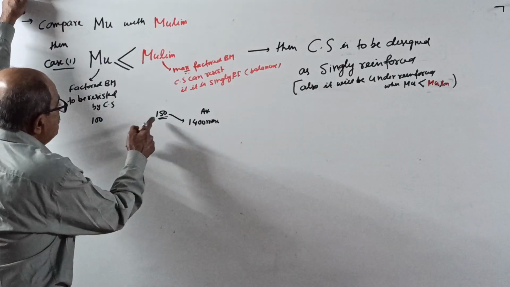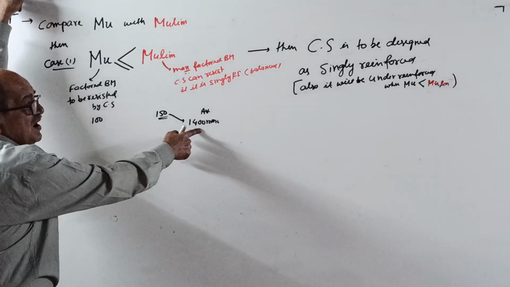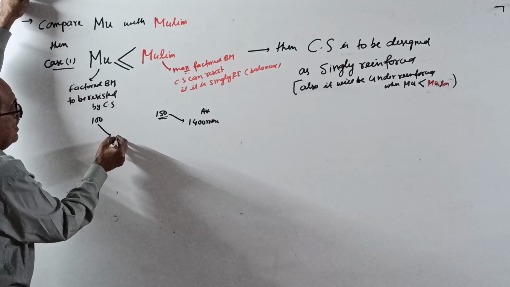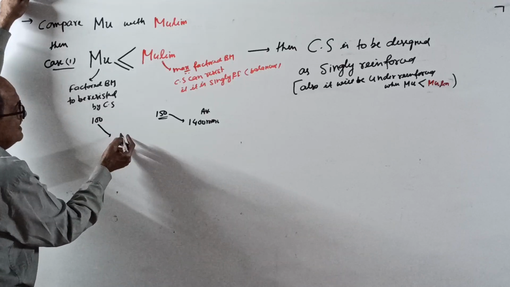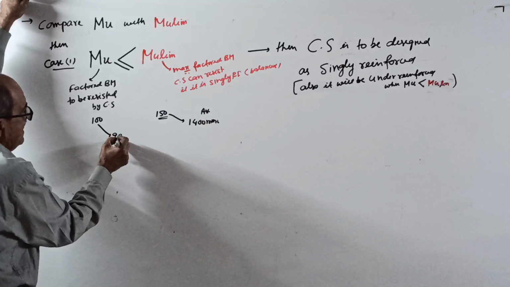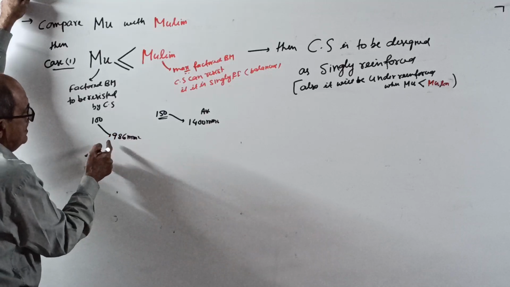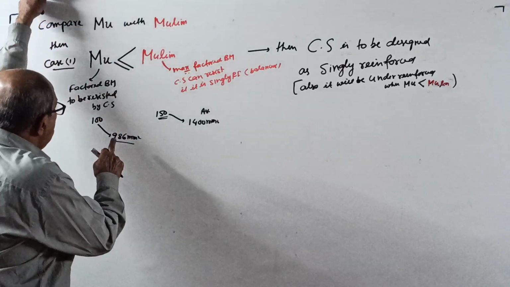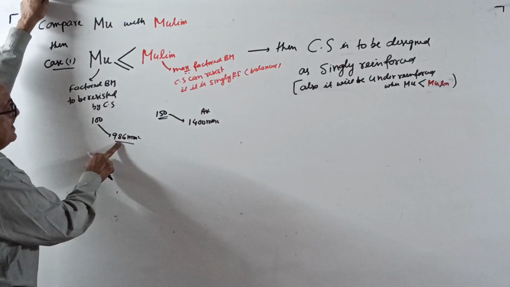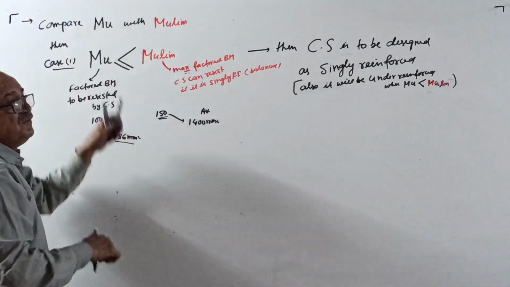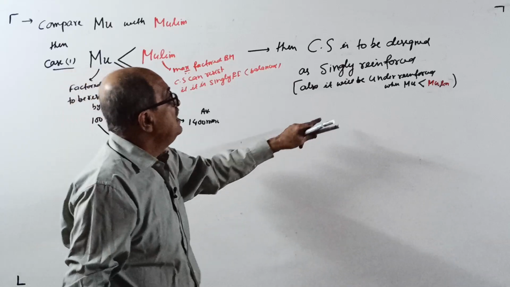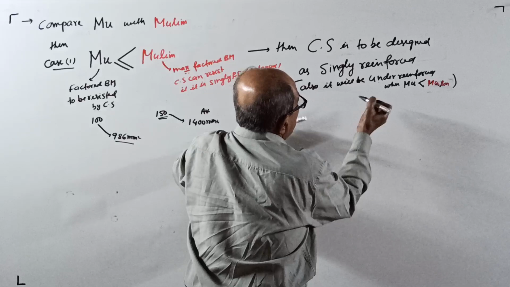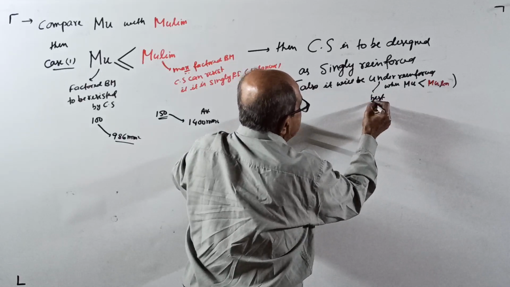Steel required is not linearly proportional; some random number, 986. So the steel required is less than that of a balanced section. This tells you it is under reinforced, which is the best section.